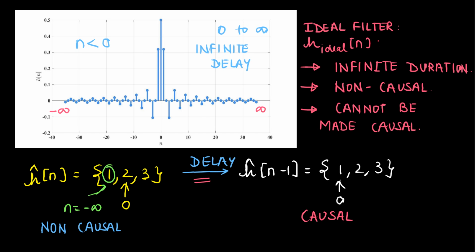Now suppose we make this ideal filter somehow of finite duration, so we can eliminate these two problems which we have in this ideal filter. Basically, what we do is limit the range of this ideal filter, or truncate it to a finite duration. So suppose I have my ideal filter given as h ideal of n.